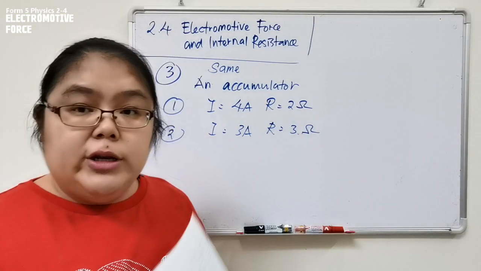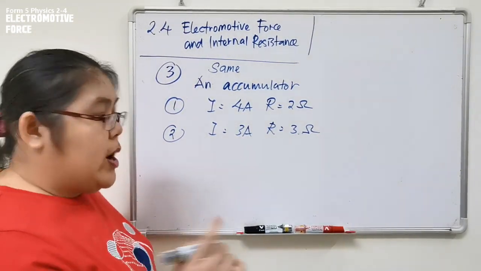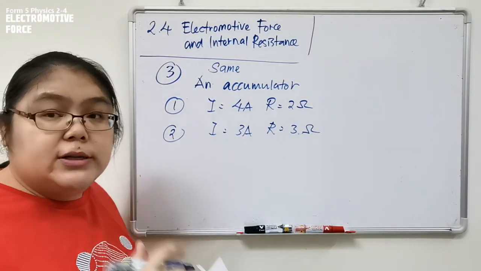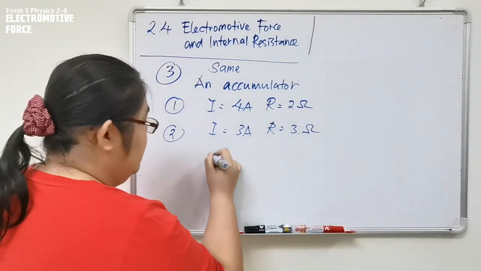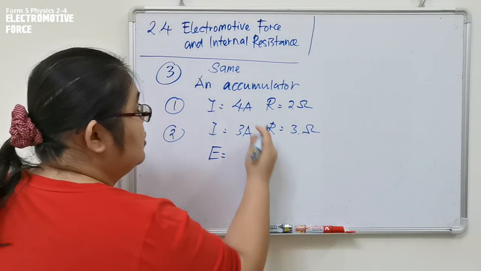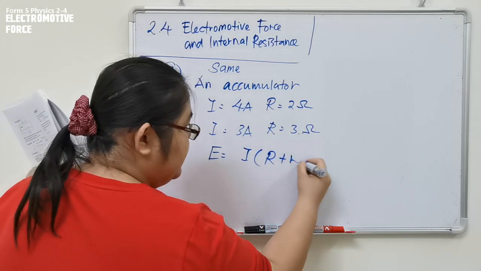So from here, we need to create the equation. For the first one, because V is not provided, we use the second equation, E equals I times capital R plus small r.